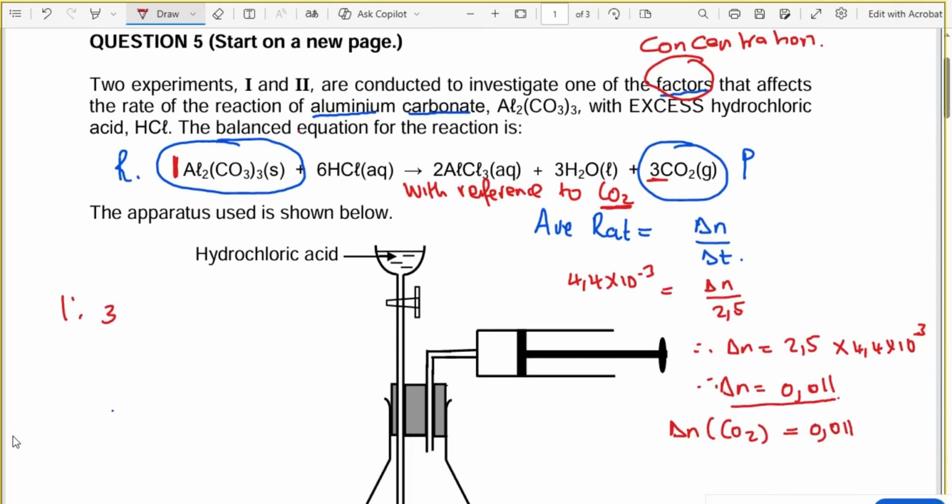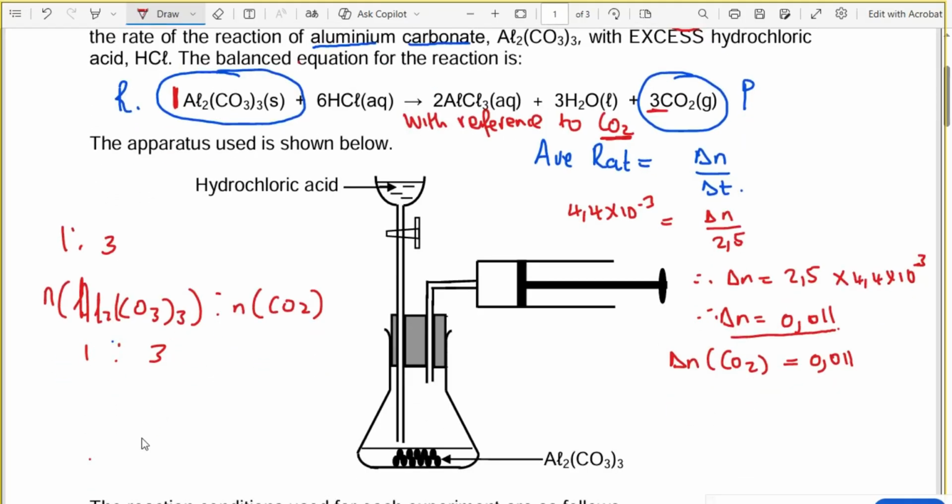This tells you that the number of moles of aluminum carbonate is to the number of moles of CO2 as 1:3. So if this is 1:3, this one is 0.011, and we are looking for X. We don't know the number of moles of that.